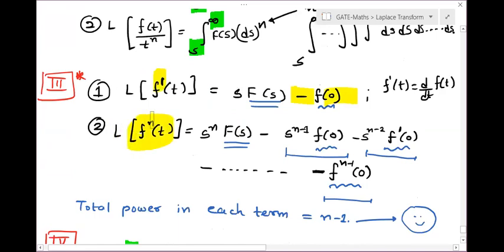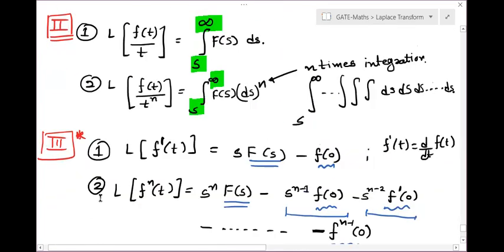If it is more than a single differential, second, third, fourth differential, then you should follow like this: minus s to the power n minus 1 times f of 0, then s to the power n minus 2, just decrease this power and increase the differential till you reach the differential of order n minus 1. Here your differential is 1, so n is equal to 1, so n minus 1 is 0. So your last term is the zeroth differential at 0. The thumb rule is that the total power of each term will be n minus 1.